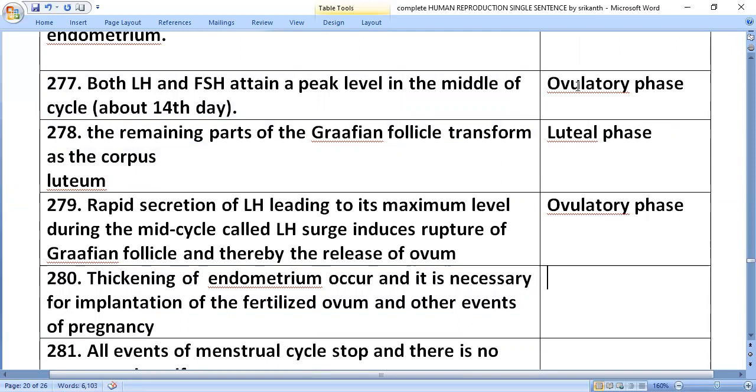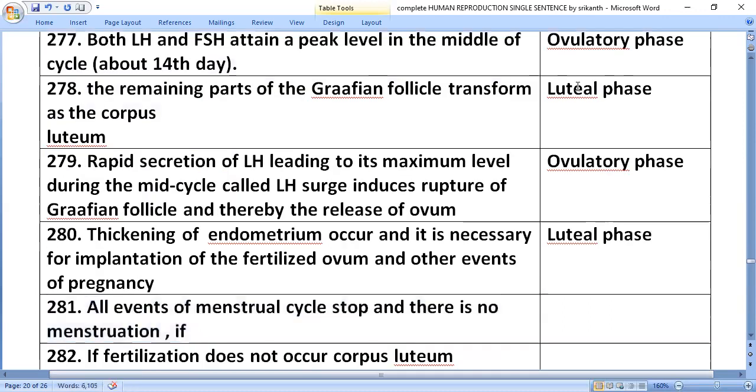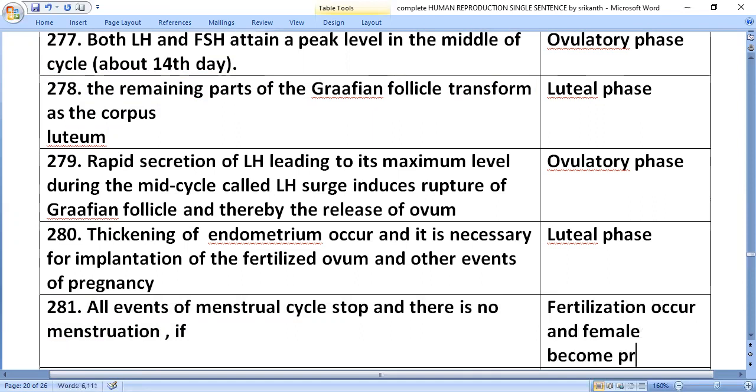Thickening of endometrium occurs and it is necessary for implantation of the fertilized ovum and other events of pregnancy, that is luteal phase. All events of the menstrual cycle stop and there is no menstruation if fertilization occurs and the female becomes pregnant.